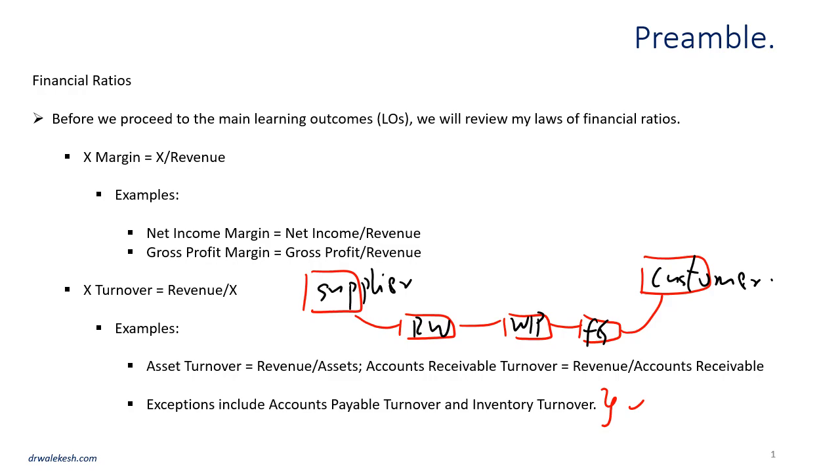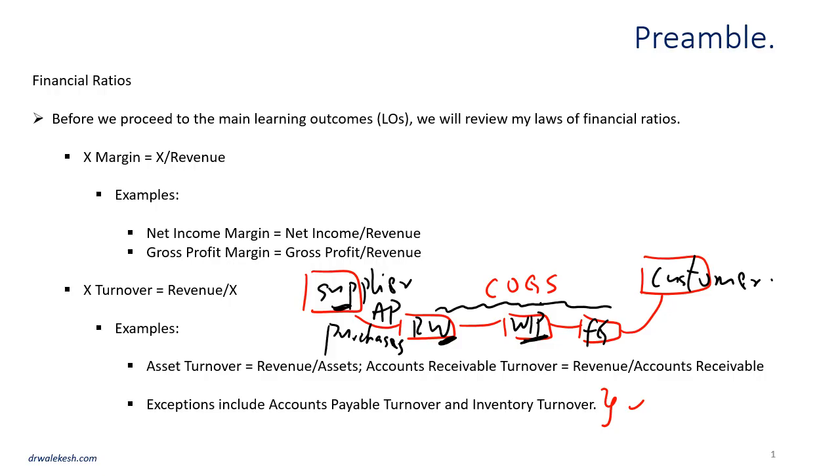Imagine you purchase goods on credit from your suppliers. That's credit purchases. As a result of the purchases, there will be accounts payable. Also, there is the cost of converting raw materials to work in progress to finished goods, and that is cost of goods sold.